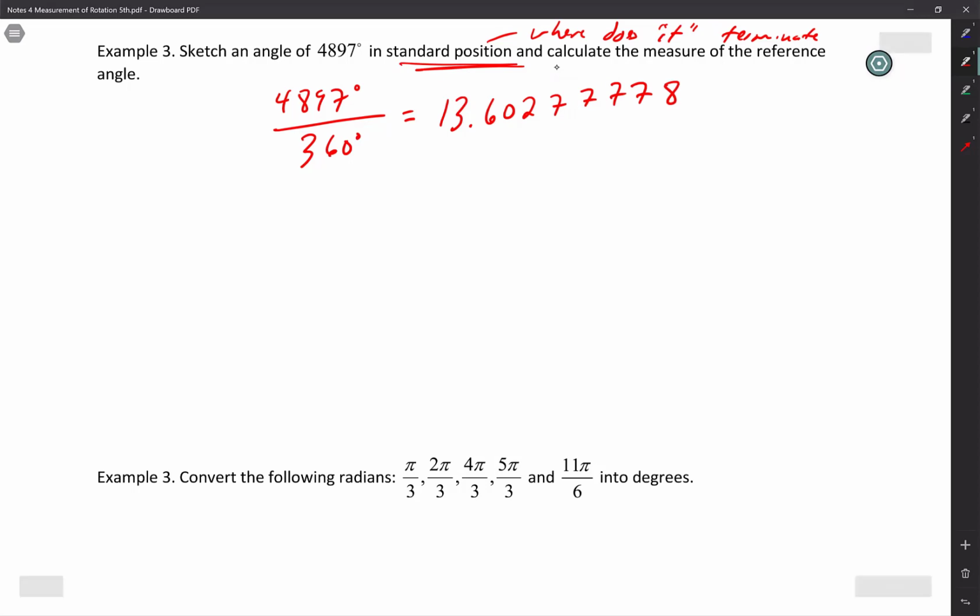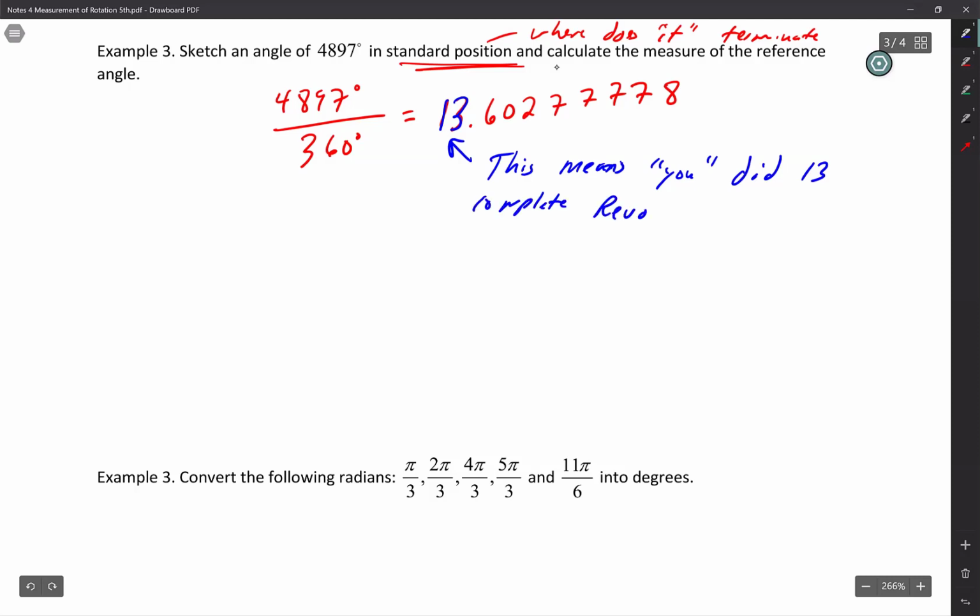So hopefully you guys understand number theory. That 13 there, the specific 13, means that you did 13 complete revolutions.